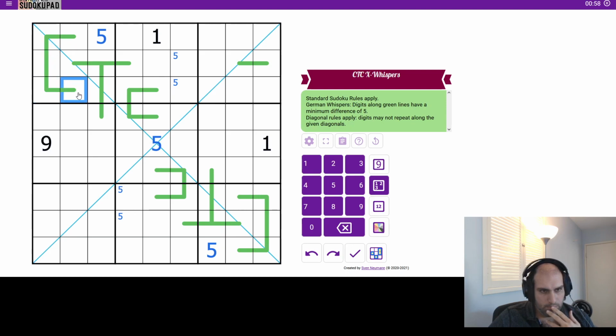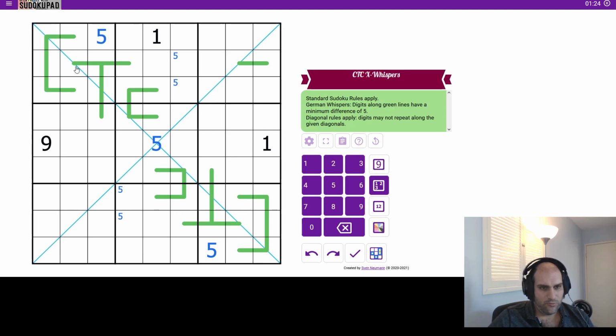So we got these. I guess the question is, where can the 4 and 6 go? Because 4 and 6 are things that we have the most trouble placing on a German whisper line other than 5, which we obviously can't place on a German whisper line.